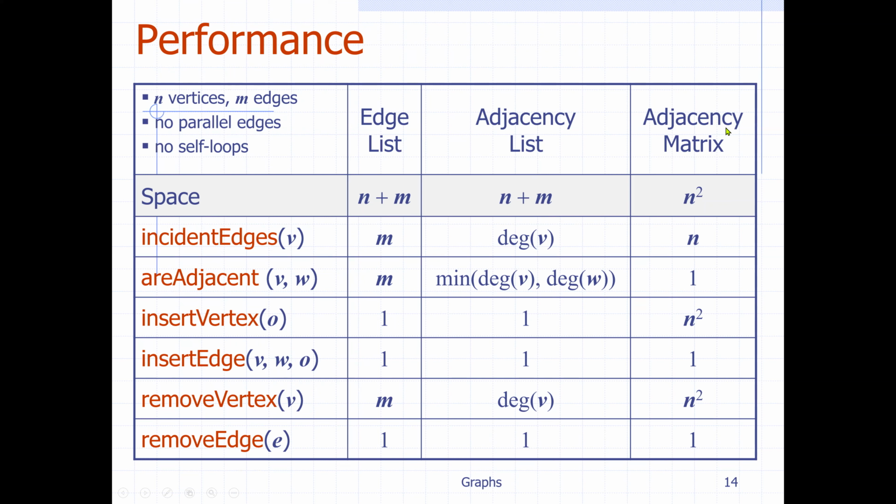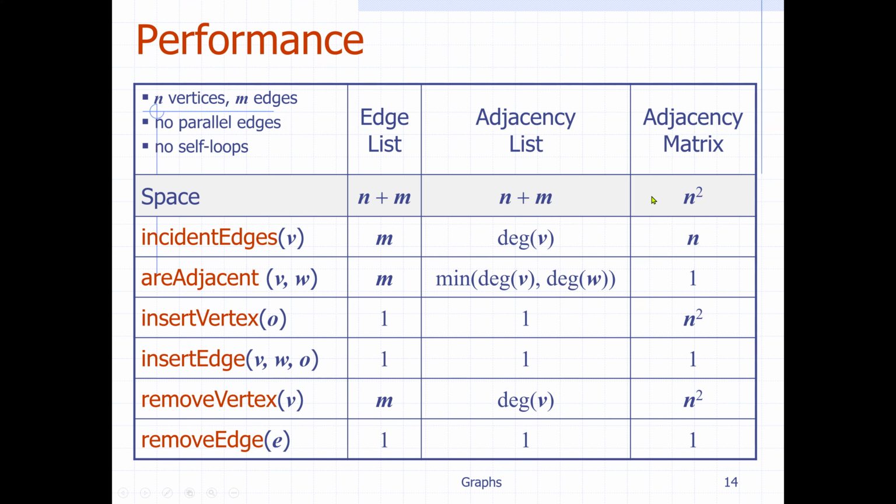But when it comes to adjacency matrix, it will be N squared because we have the number of rows and columns. So if the vertices are 4, the possible boxes we may have will be 16 because 4 by 4, 4 rows, 4 columns. So that's why it's N squared. 4 squared is 16. Or if the vertices we have is 10, then it will be 10 by 10.